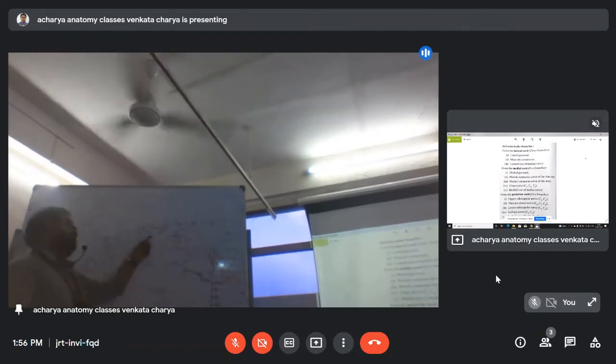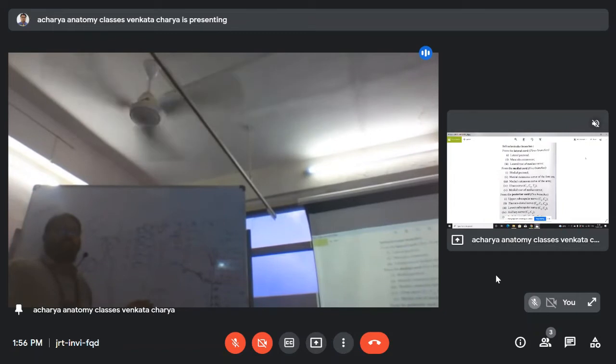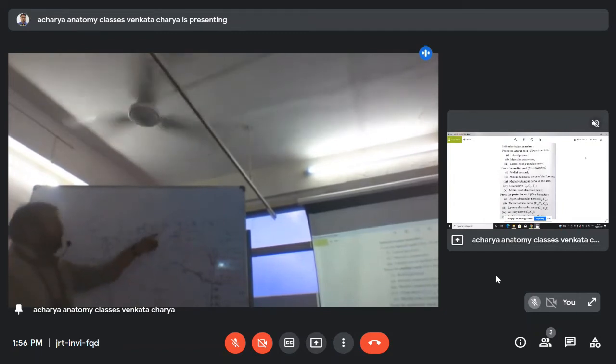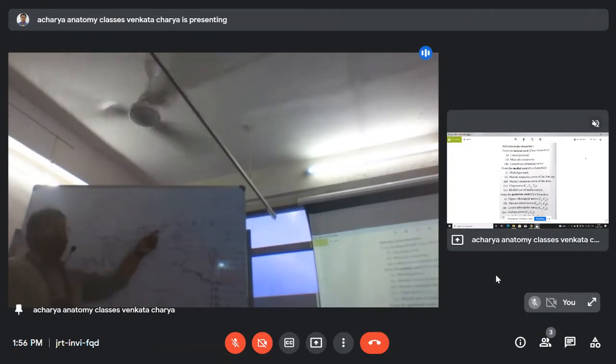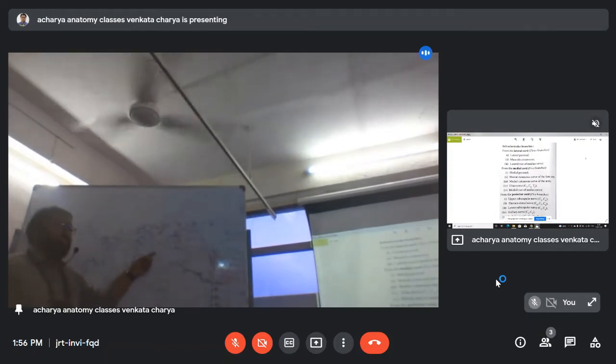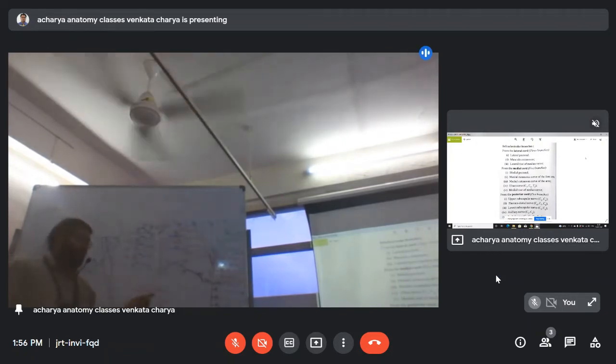Then from the roots there are 2 nerves. From the C5 root there is only one nerve, the dorsal scapular nerve. Again the C5, C6 and C7 roots unite to form one nerve, which we call the long thoracic nerve.